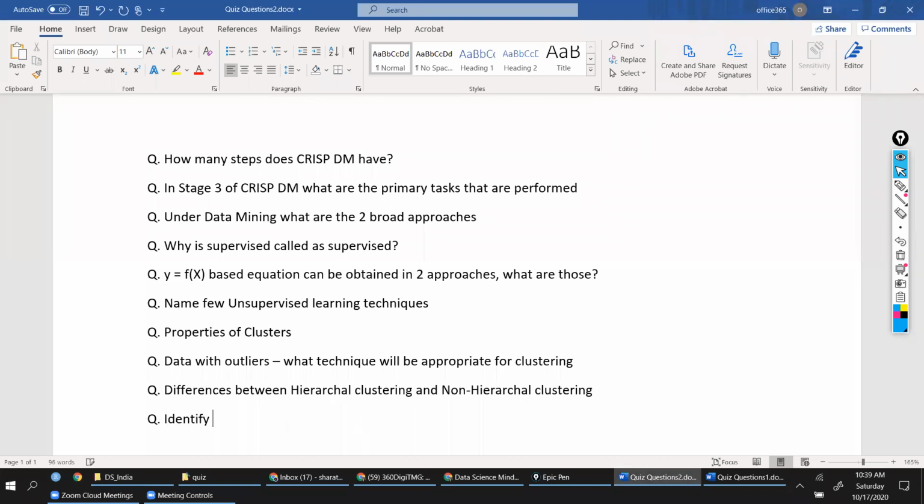Okay, identify the best value of K for clusters. The best value of K, which is the number of clusters, can be identified by using a rule of thumb formula, which is square root of n by 2. Right? That's the thumb rule, which was used initially in old days, historically.